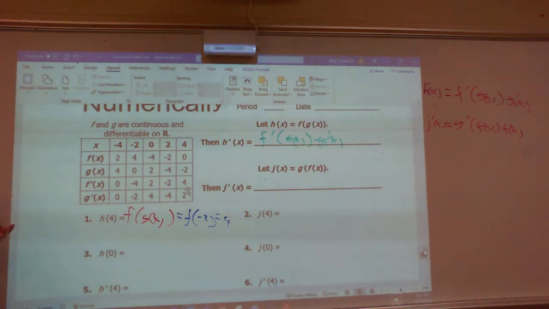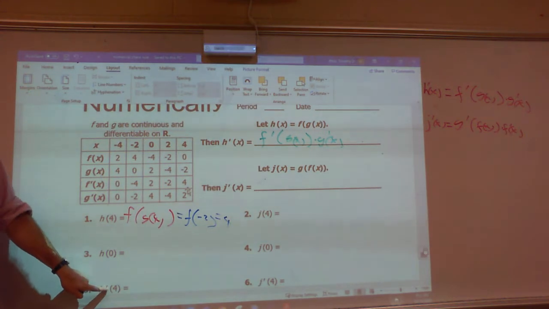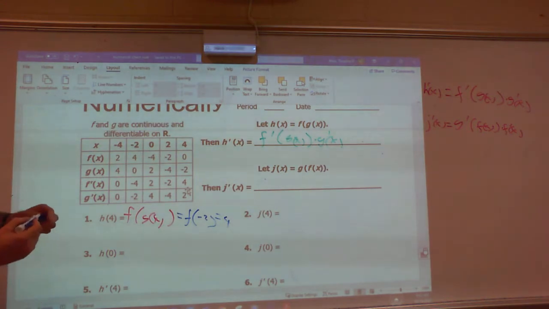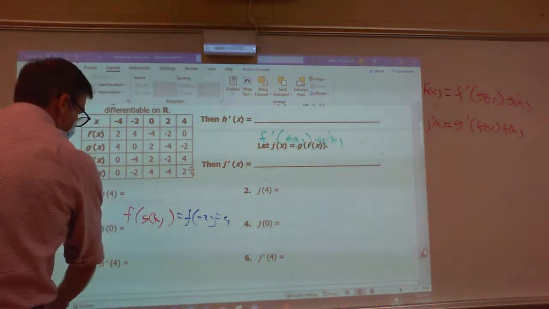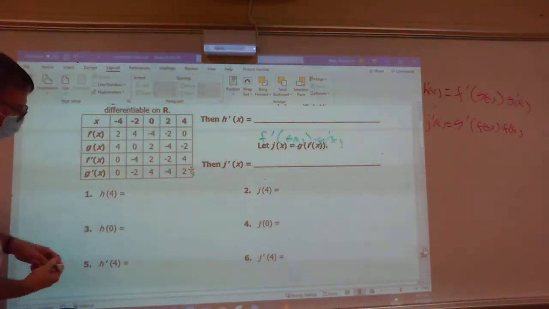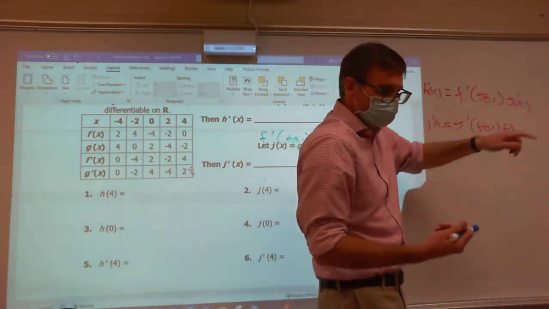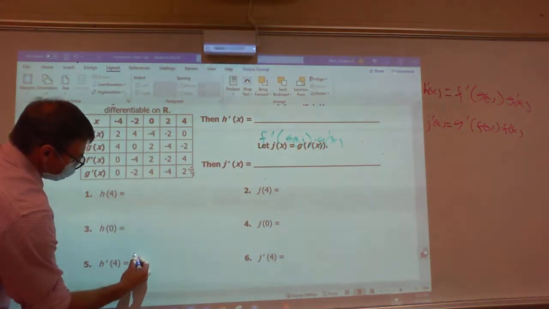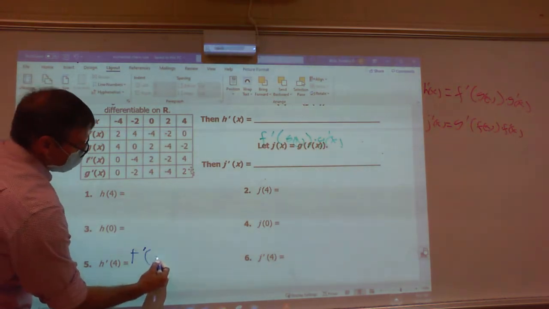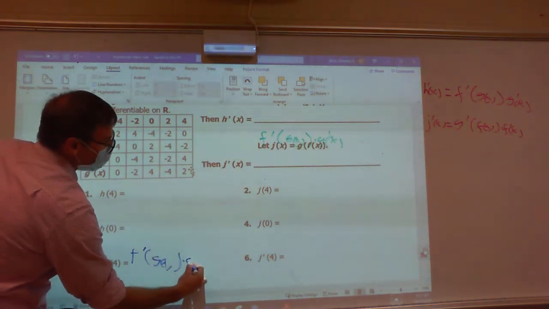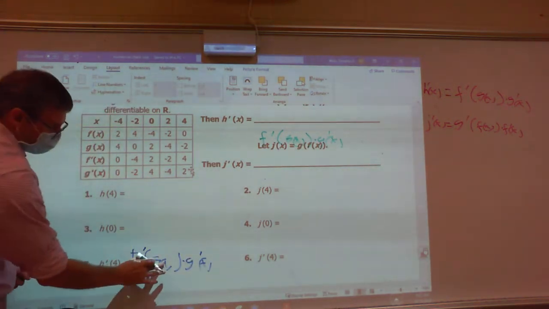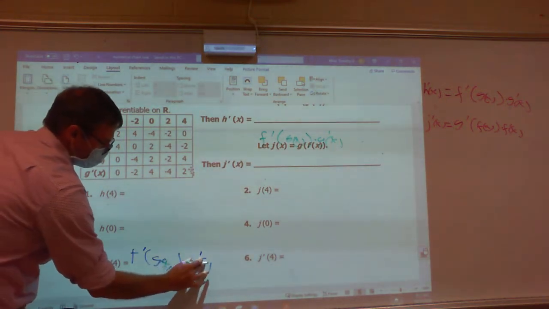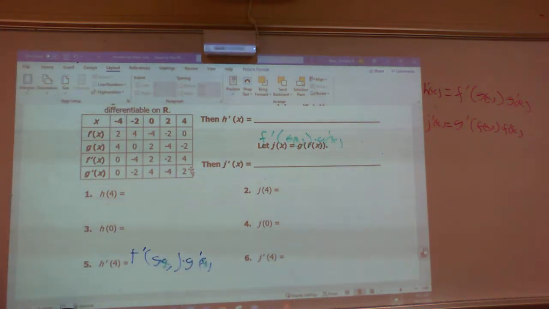Okay. And I'm a little more interested in, well, what about h prime of 4? Well, as far as computing h prime of 4, h prime is this thing where this is going to be f prime of g of x times g prime of x. But they want h prime of 4, so that means this is a 4 and this is a 4. And now we look at our information.